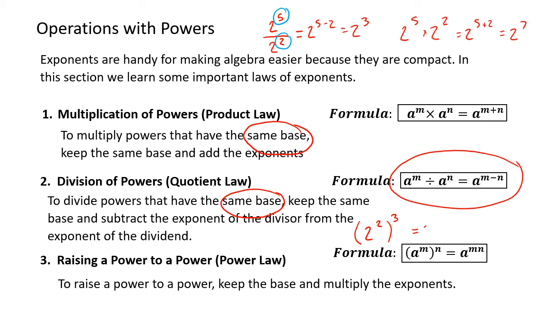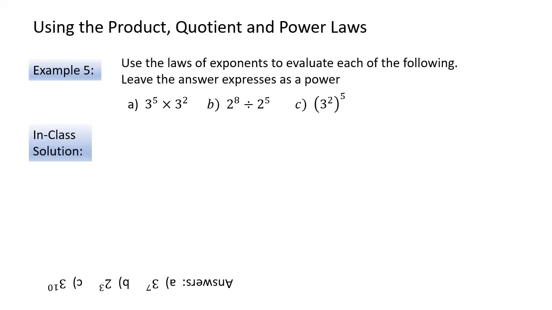In other words, this becomes 2 to the exponent 2 times 3, because you're multiplying the two together, which is 2 to the exponent 6. So those are the three major rules when it comes to operations with powers. Let's look at a couple examples.